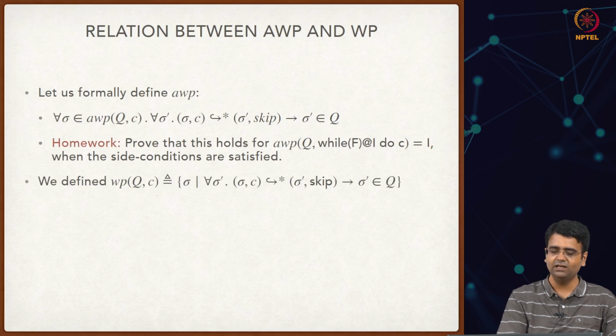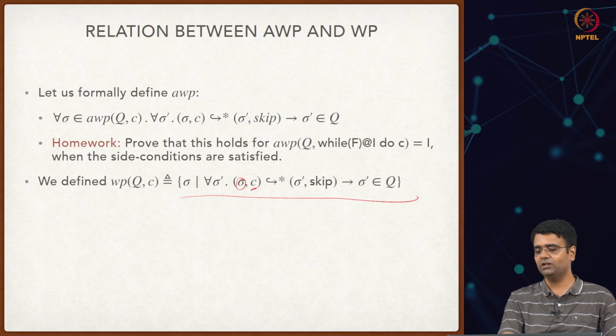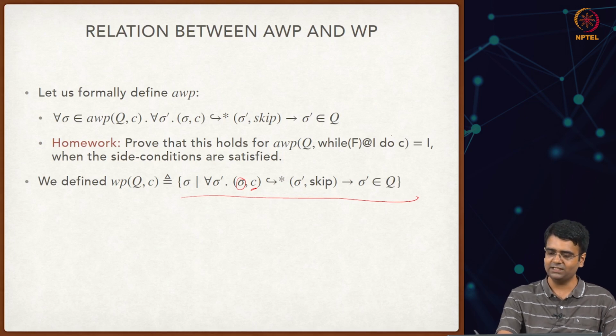If you recall, WP was also defined in a similar fashion. WP Q comma C was defined to be this set of states such that if you execute C beginning from sigma, and if the execution terminates, you are guaranteed to end up in a state which is in Q. But the difference, as you can see, is that for any state in AWP, we are only saying that this is true, but WP encompasses all such states.